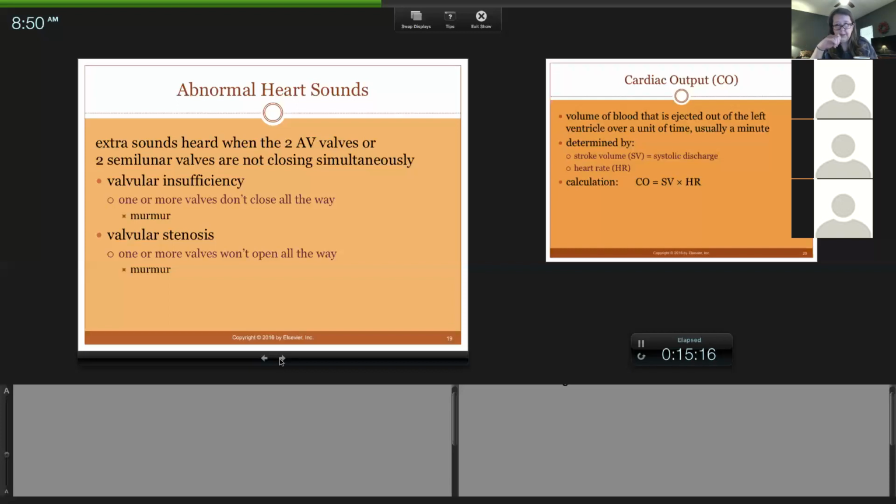And we grade murmurs. I'll put a note here. So I typed it in the chat screen.